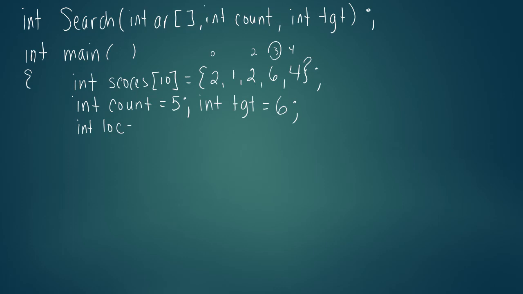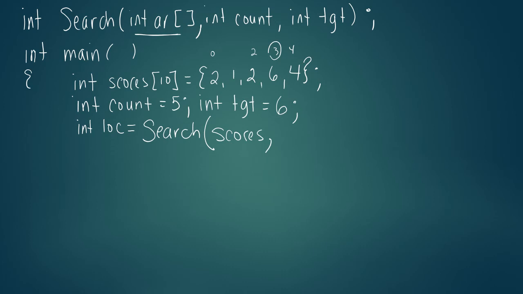So we want to say location equals, and we're going to say search, and we're going to pass our array, which is scores. Now this is a common error. Students think they have to put the brackets when they pass an array to a function, but the function already knows that the first argument or first parameter to the function is an array, so you do not need to put the brackets.